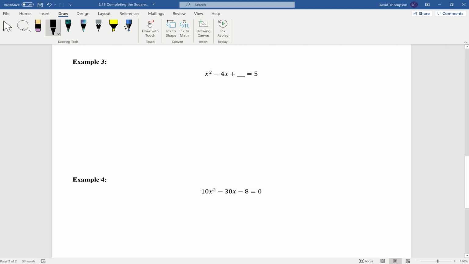Example 3, we're going to solve x squared minus 4x plus some number equals 5. We're going to solve this using complete the square. So first step, we'll take negative 4 over 2, and we're going to square it. Negative 4 divided by 2 is going to give me a negative 2, and squared, that's going to give me positive 4.